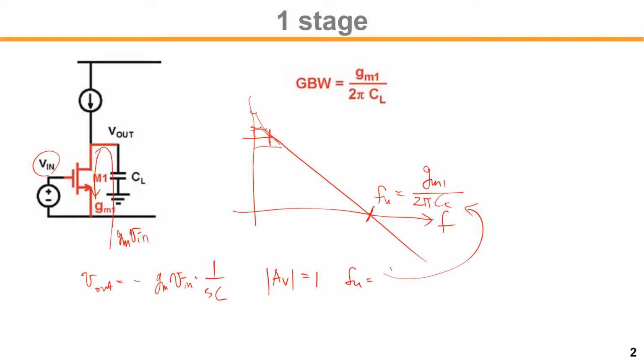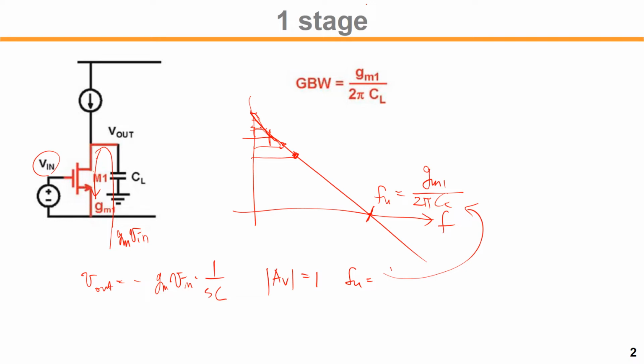For stability analysis, this DC gain is not that important. If the RO of M1 is large, then you get a larger DC gain. If the RO is small, then you get a lower DC gain. But the first dominant pole only gives us a phase shift of 90 degrees at most, so for stability it doesn't matter.